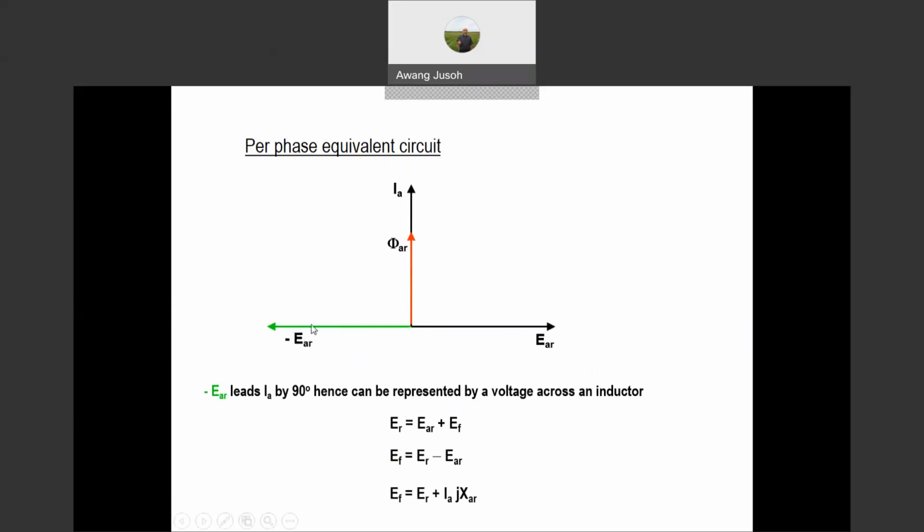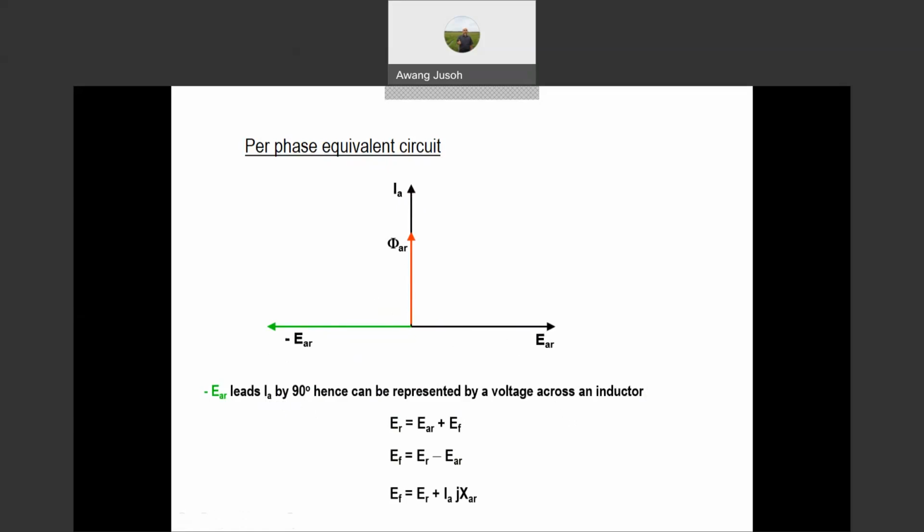Negative EAR leads IA by 90 degrees. EAR is lagging 90 degrees, but negative EAR leads IA by 90 degrees. What is meant by leading? It means that it represents a voltage across an inductor. If you have a voltage like this, you have an inductor there.